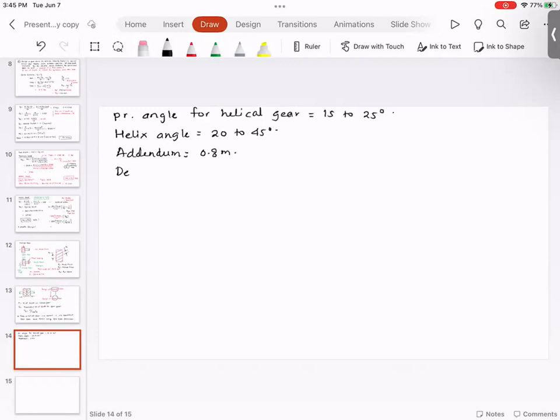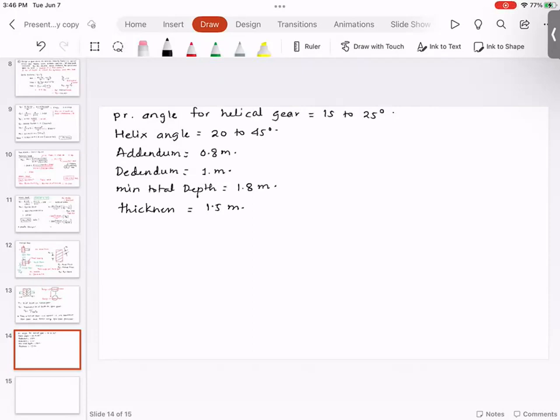Dedendum 1 times module. Minimum total depth is 1.8 times module. Thickness is equal to 1.5 times module. So these are the proportions of the helical gear.